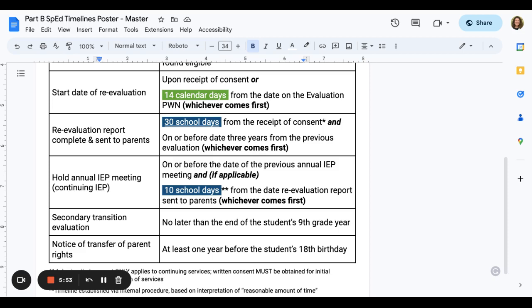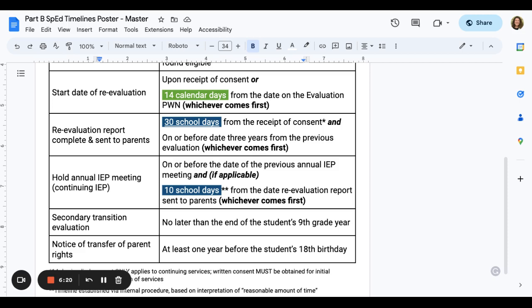What this means in our SpEd districts is that students that are due for evaluation in 7th or 8th grade must have secondary transition as part of the evaluation. Students who are due in 6th grade do not, because they will be reevaluated when they are in 9th grade. So starting in 7th grade in our SpEd districts is when we require secondary transition to be part of the evaluation, 7th grade through 12th grade or through age 21.